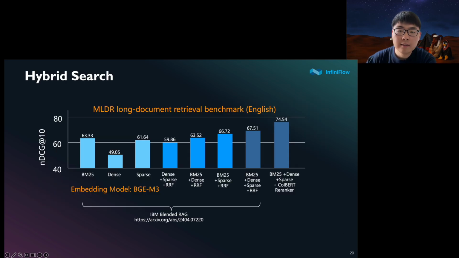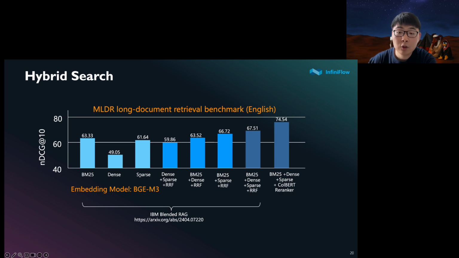Here, let me highlight the value of hybrid search. NDCG, which is normalized discounted cumulative gain, is a metric that evaluates the quality of retrieved documents, with higher scores indicating better quality. In this diagram, BM25 refers to full text search, and dense refers to dense vector search, and so on.